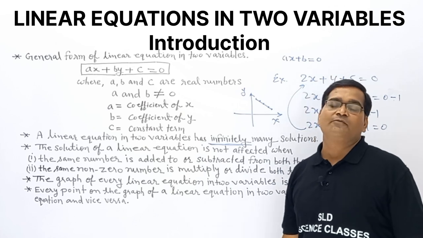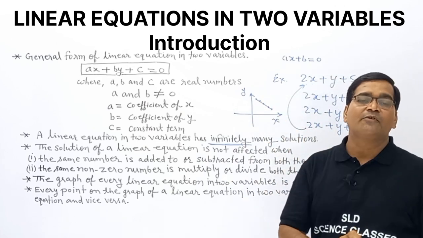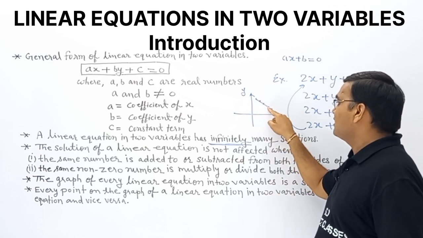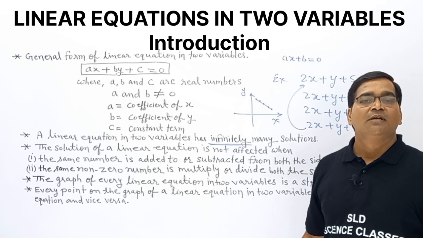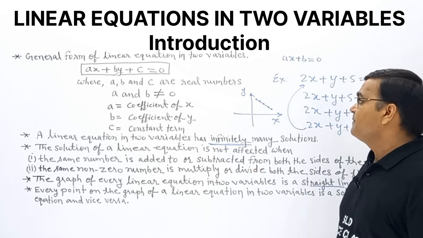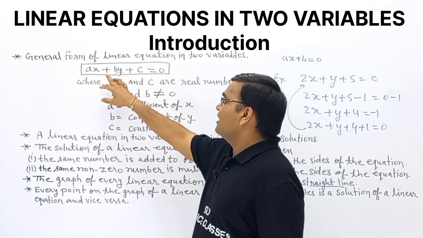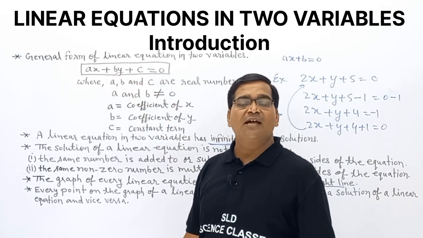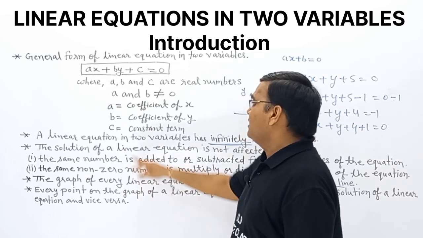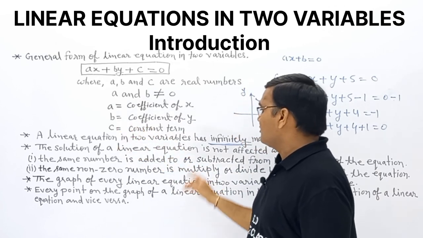Once we draw the graph, we get a straight line, and every point on this straight line will be a solution of the linear equation in two variables. Clear? So this is the general form in which a, b, c are real numbers, and a and b should not be equal to 0. If they are 0, then this will not be a linear equation in two variables. a is the coefficient of x, b is the coefficient of y, and c is the constant term.